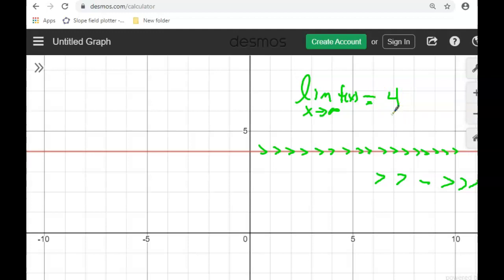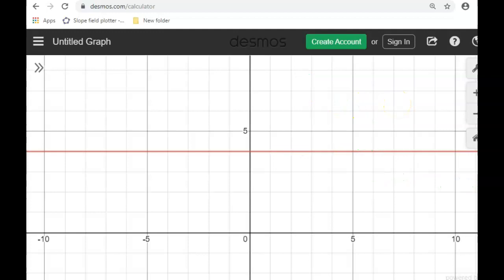In fact, it's the same thing for positive and negative infinity. It doesn't really matter which. Since my function is just a constant number, the limit of 4 as x approaches infinity or negative infinity is just 4. Okay? So that's our second case that I want you guys to be aware of.